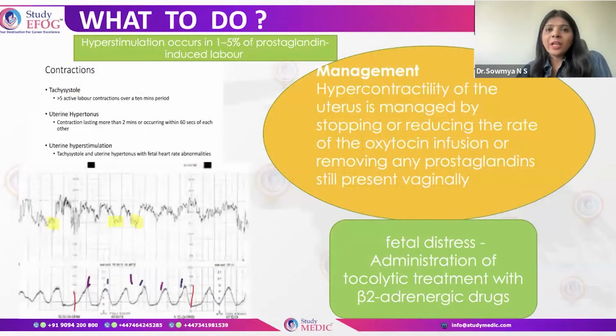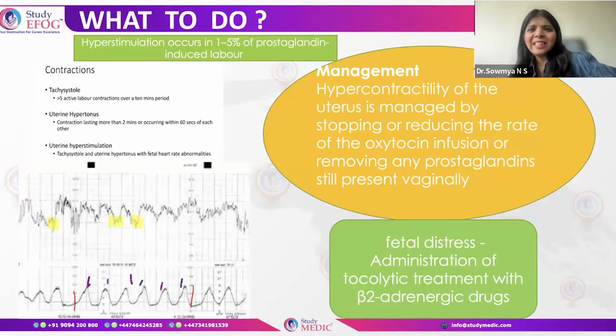And we were talking about hyperstimulation and tachysystole. The point is tachysystole is when the contractions are more than 5. A couple of guidelines mention different values for primi and multi, but once it is more than 5, you can think of tachysystole. Hypertonus is if the contraction is lasting more than 2 minutes. Either of these, tachysystole or hypertonus, presenting with decelerations, as you can see here.